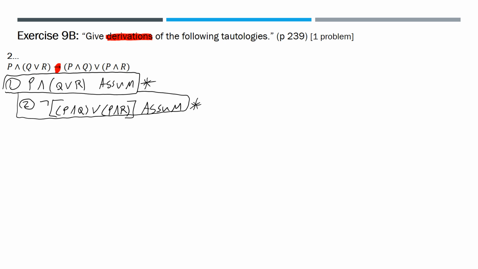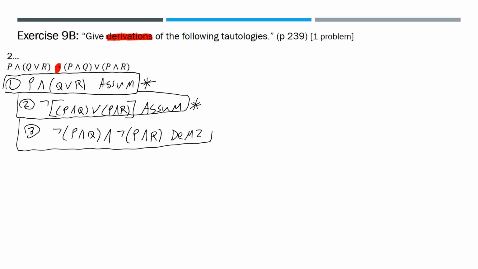Let's do De Morgan. So we'll say not, parentheses, P and Q, or, we have to change that to a conjunction, and not P and R. So De Morgan on 2. For 4, let's simplify.